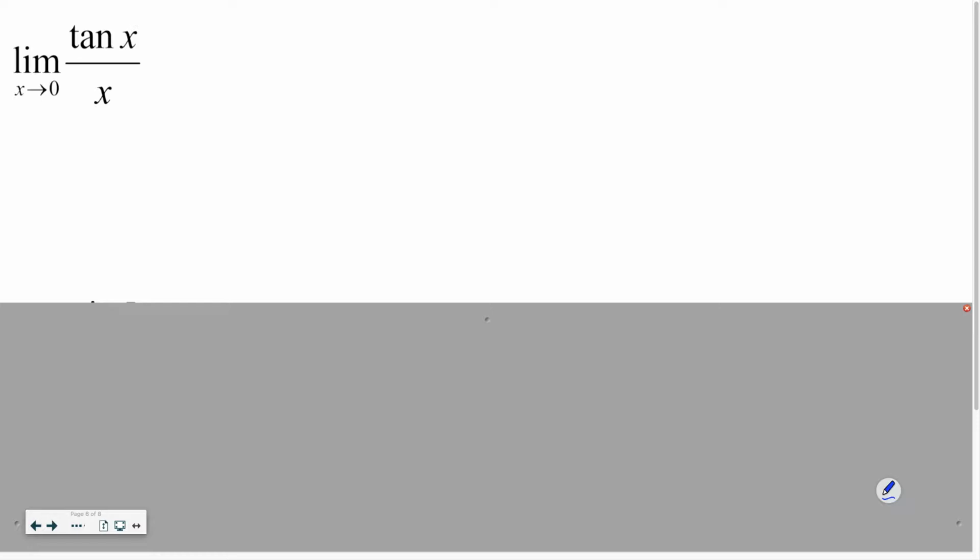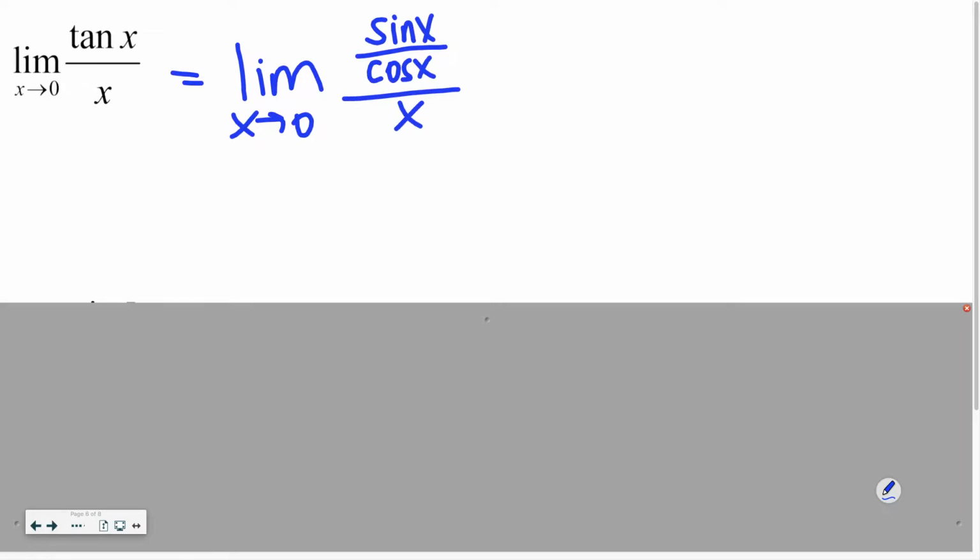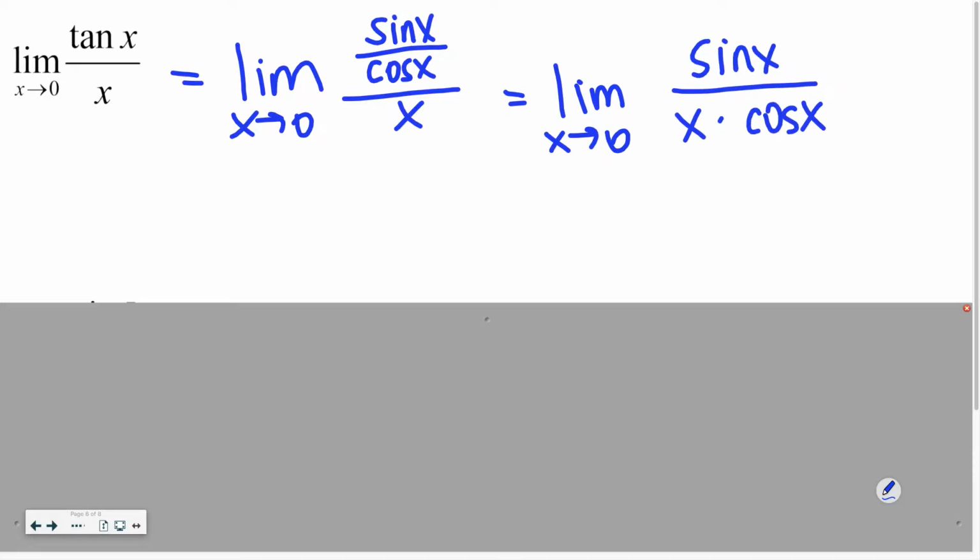What's our option here? Make it not tangent. We could make it sine over cosine, which really just means we have sine of x over x times cosine of x.